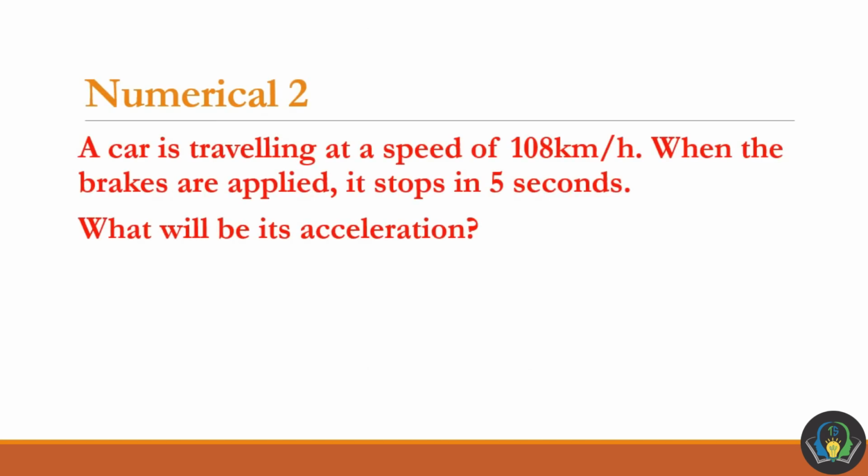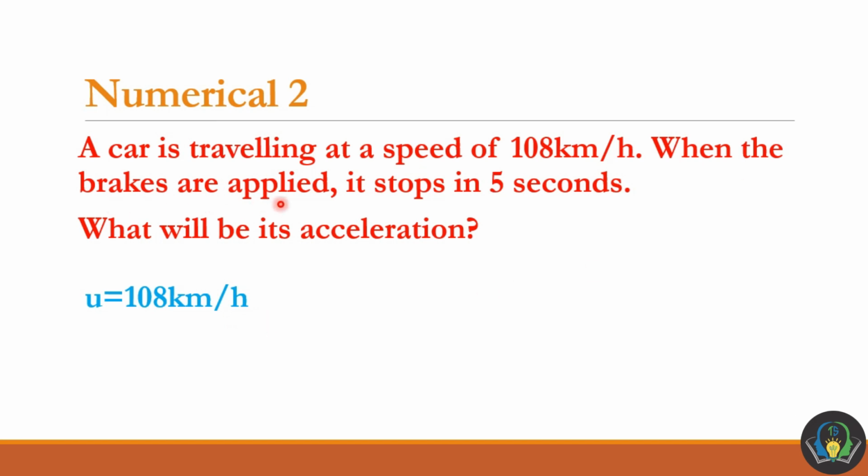Alright, so we proceed further with the next numerical. A car is traveling at a speed of 108 km per hour. When the brakes are applied, it stops in 5 seconds. What will be its acceleration during this time? Now understand one thing very clearly. It is already moving at 108 km per hour, so our u, initial velocity, will be 108 km per hour.